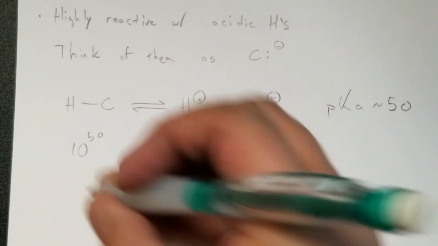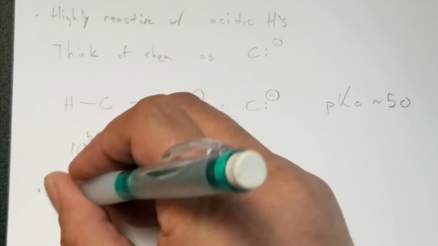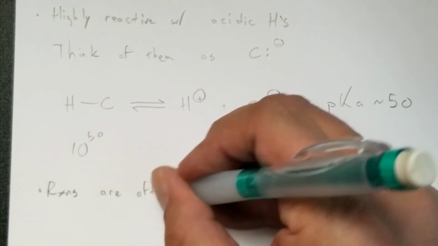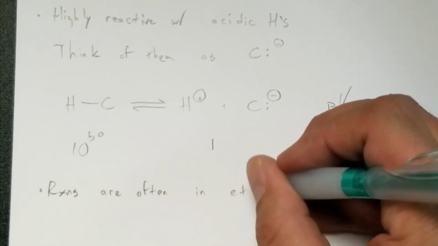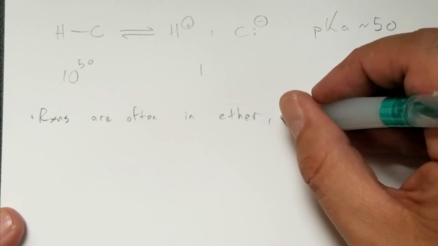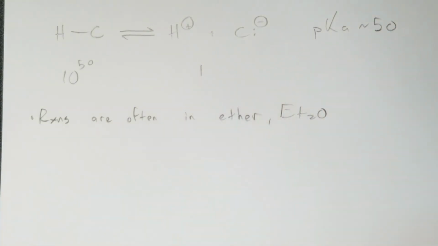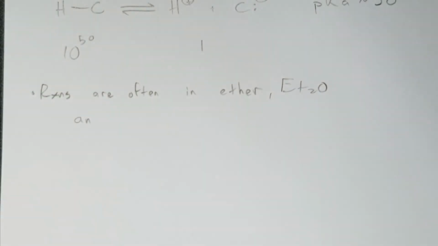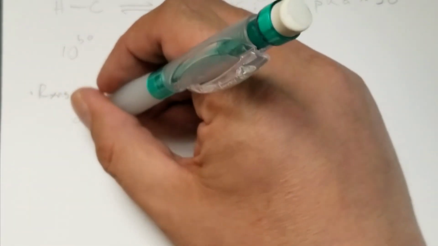A few other comments: the reactions are often in ether, diethyl ether being the common one here. And it has to be anhydrous. What does it mean when we say it's anhydrous?